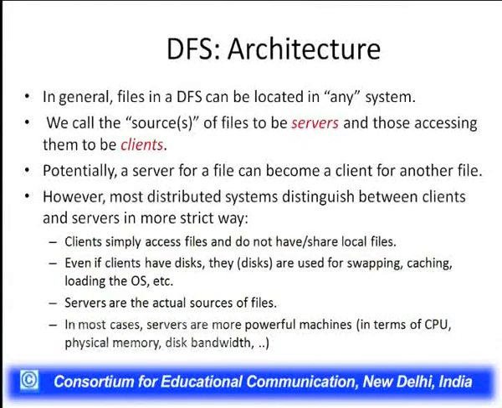So in a distributed file system architecture, we have a kind of client server model where there can be many servers catering to a single client or multiple clients, or a client acting as a server for another client. Usually we have a very clear distinction between the two, that which of the computers will be treated as a server and which will be treated as a client, because generally the servers will have a higher configuration.